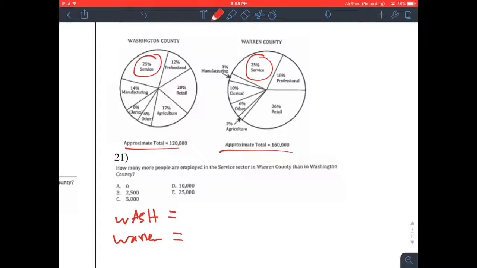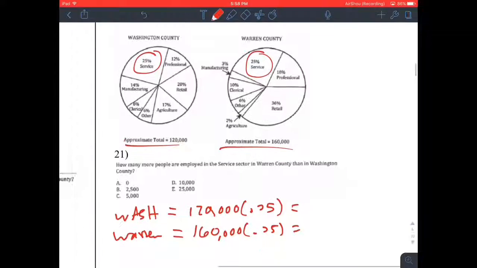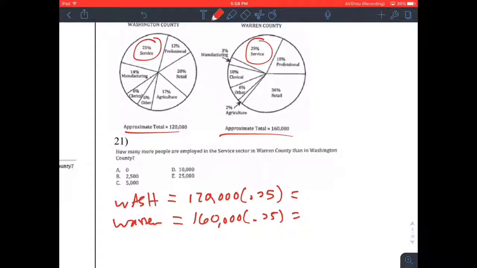So in Washington, I'm going to take 120,000 times 0.25. My handwriting, once again, is taking a turn for the worse. In Warren County, we're going to take 160,000 people, also multiply it by 0.25. We're going to get 30,000 and 40,000.